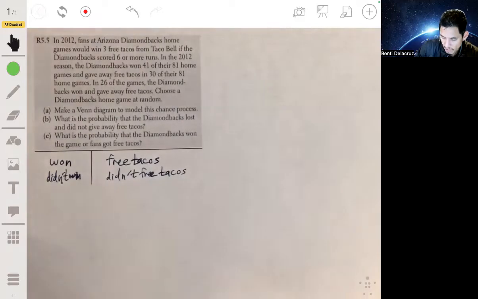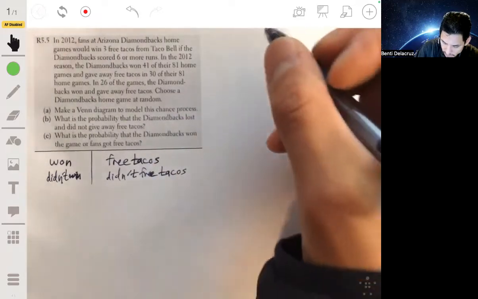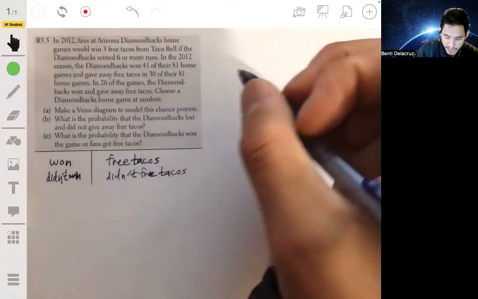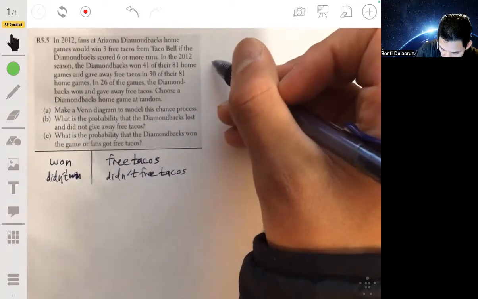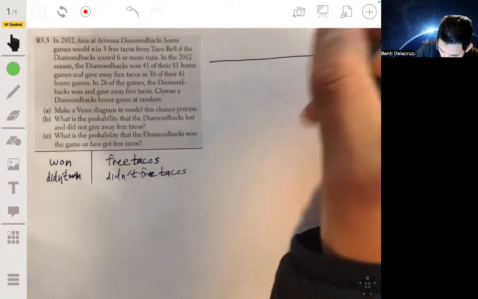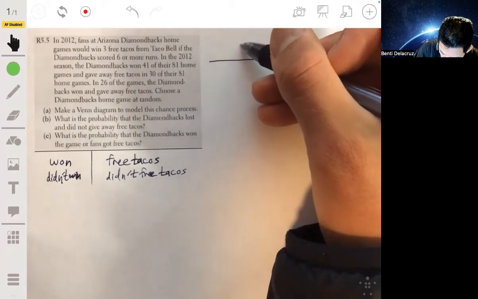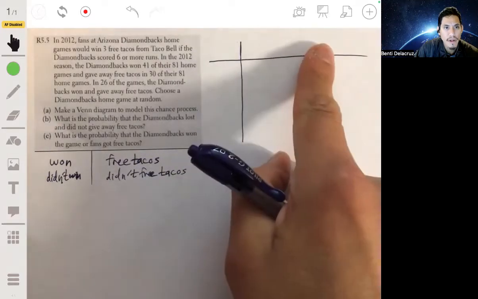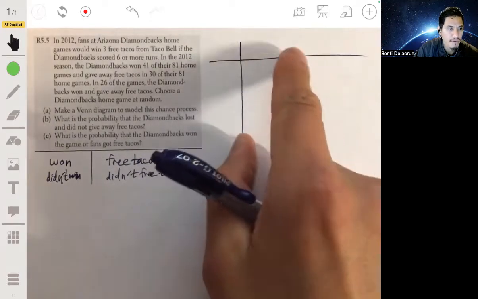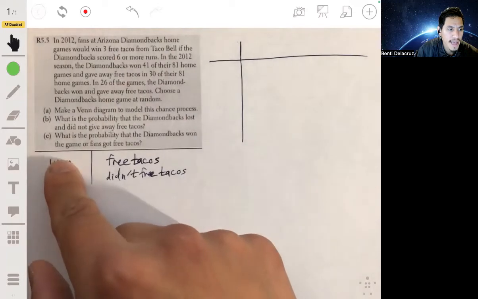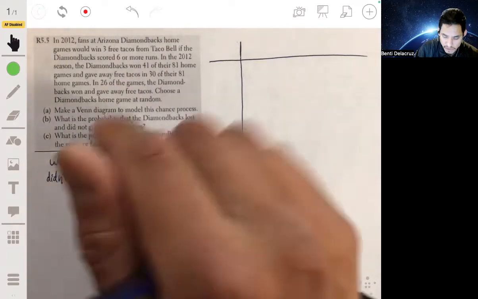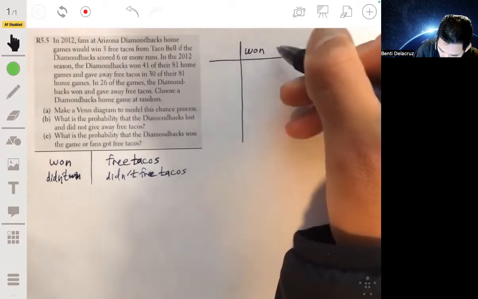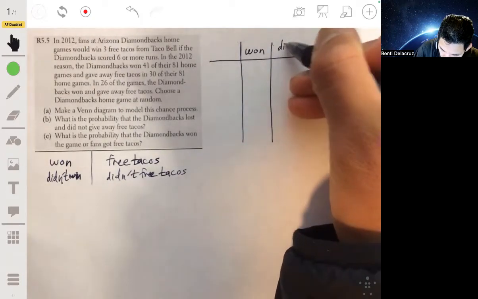Now, the reason I like to have students interpret these problems in this way is because when you make a two-way table, so let's go ahead and make a two-way table, columns and rows. Across the top for the columns, we're going to have one event and the event not happening. So for example, across here, we're going to have that they won or that they didn't win.